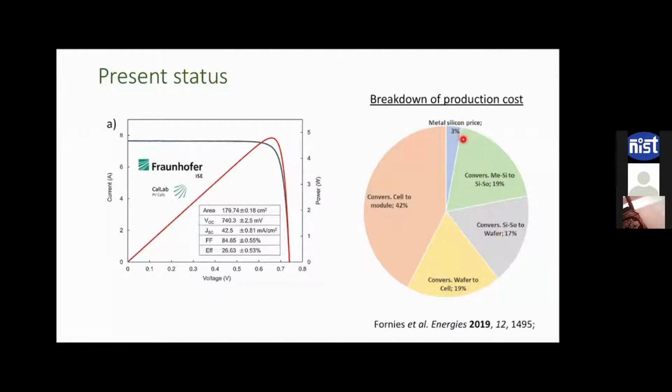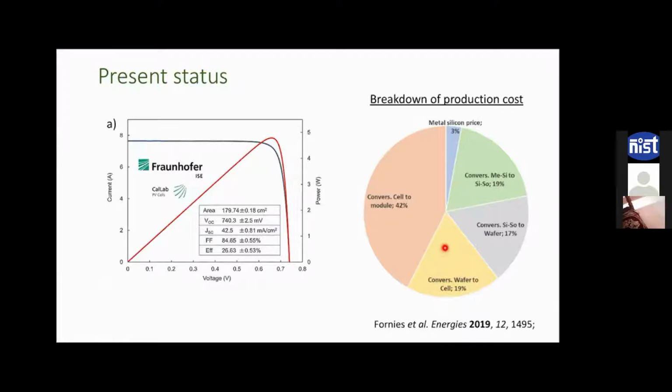So almost 40% of the production cost is involved in producing a good silicon wafer only. You can reduce this part of the cost by using a very thin crystalline silicon wafer. In fact, in this particular record efficiency cell, people have used a 200 micrometer thin crystalline silicon wafer. That is really very good. But the beauty of heterojunction is that it not only holds the high efficiency, but it can also reduce the production cost.